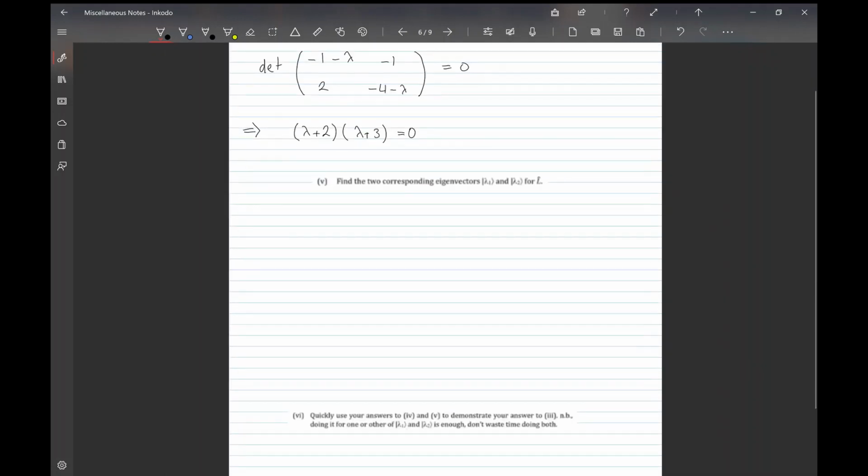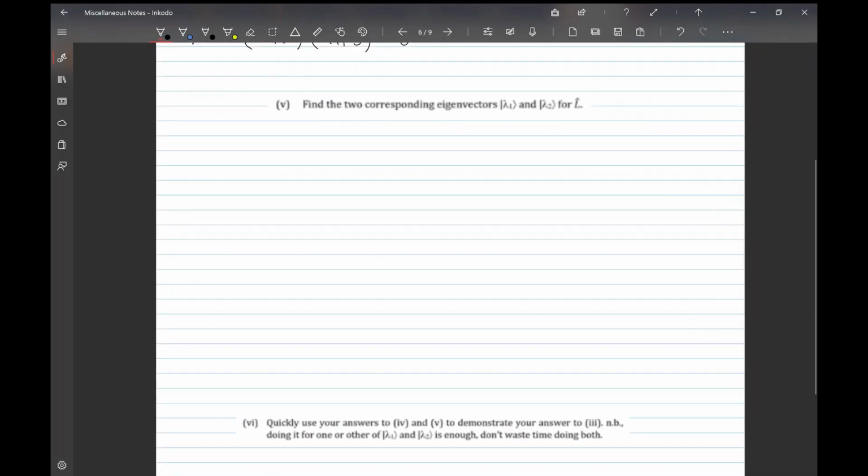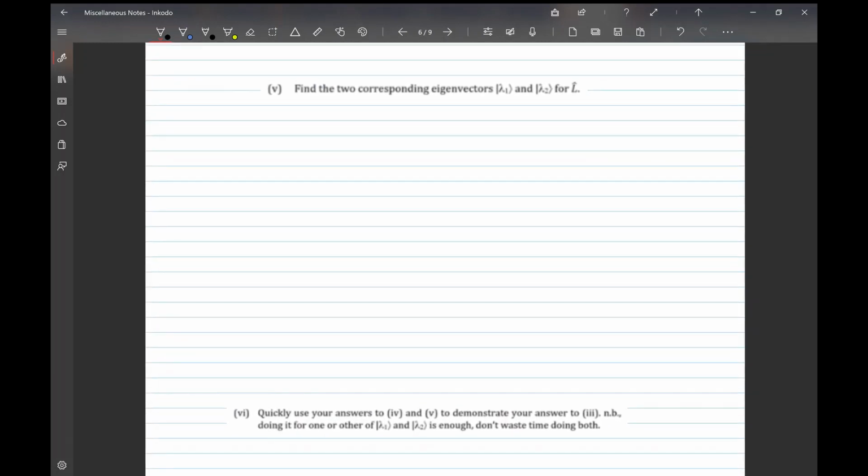Okay, now find the corresponding eigenvectors. This is a relatively simple process. We just take the matrix that we had formed, L minus lambda I, and plug in each particular eigenvalue and go and row reduce this matrix. Okay, so for the first example, maybe we take lambda equals minus 2.